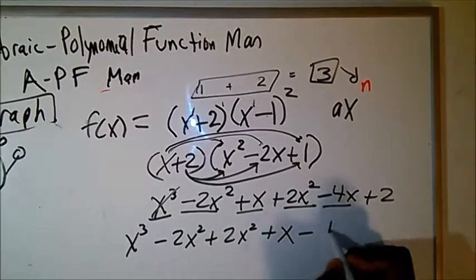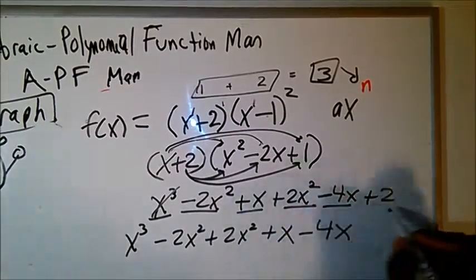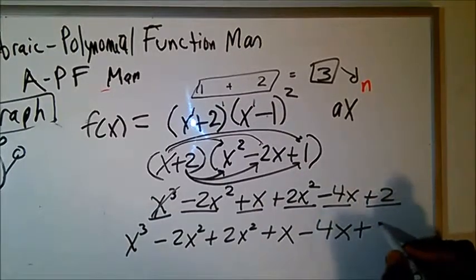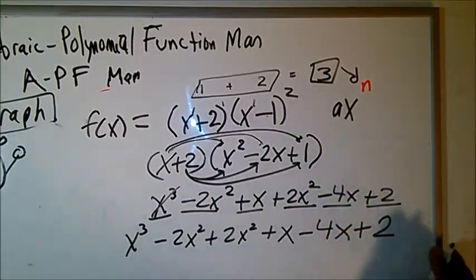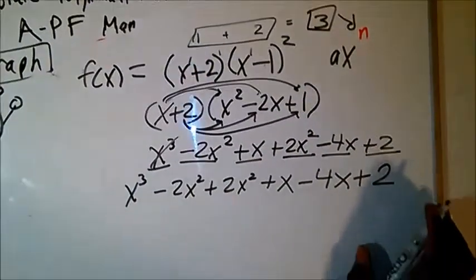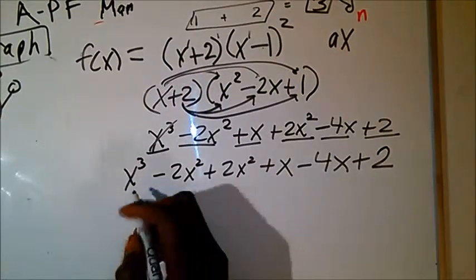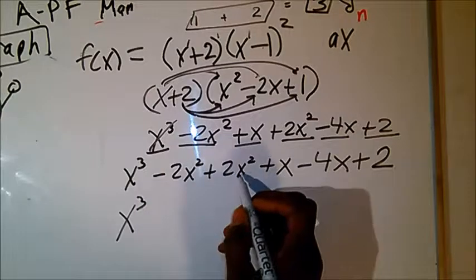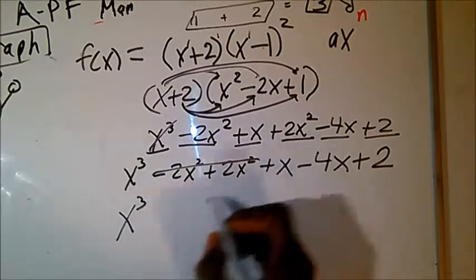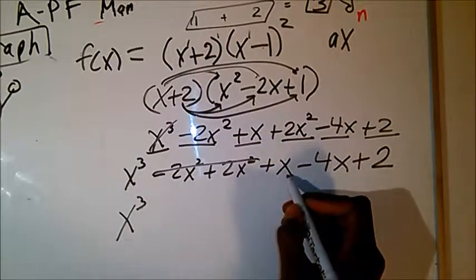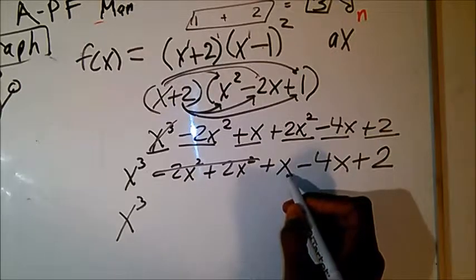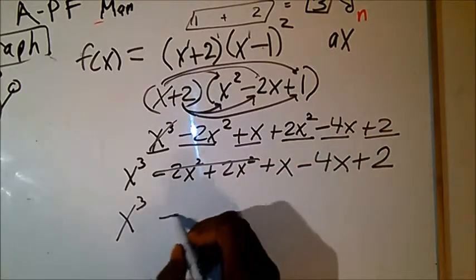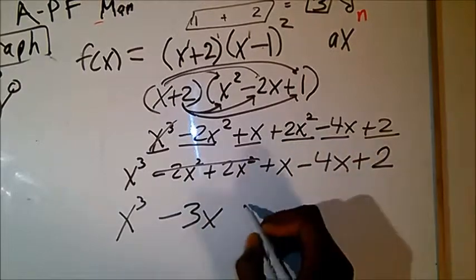Yep, here's another x here. So we put those partners together. And then there's a constant of 2 here. There are no other constants, so we're done there. Now we're going to add and subtract like terms. There's x cubed here. Negative 2x squared plus 2x squared cancels out. With positive x minus 4x, it's going to be equal to 3x plus 2.